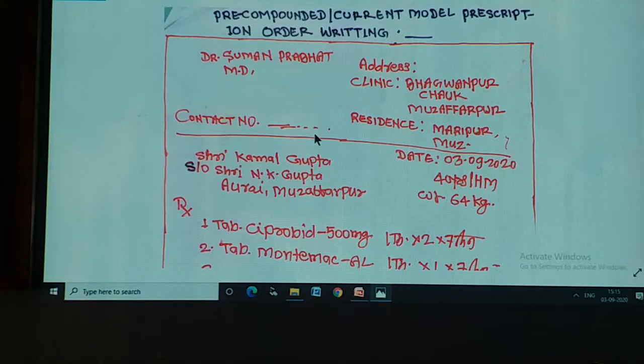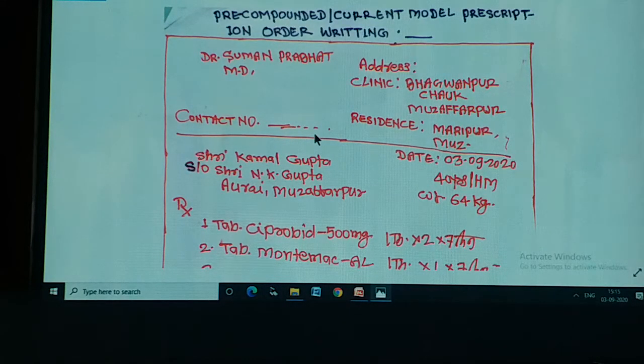There is no change as in the compounded prescription. Then comes superscription followed by inscription. But here there is no indication of inscription.